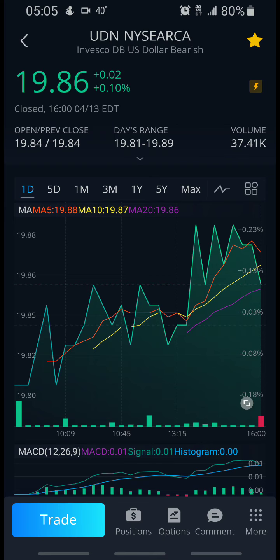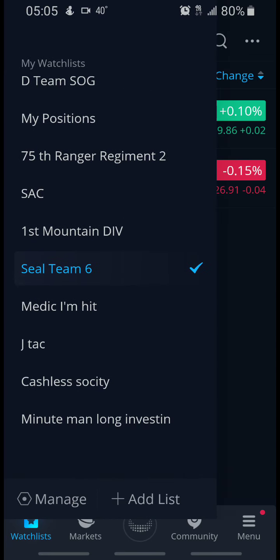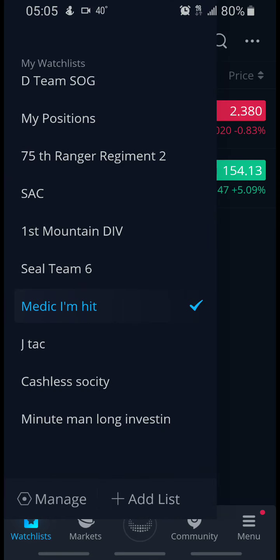I'm in UDN right now, US dollar bearish, and it's looking good. What I'm doing right now is trying to calculate if I'm going to be on the right side of the trade, because I did start trading with unsettled funds. So I'm still locked in for a day until I can move.